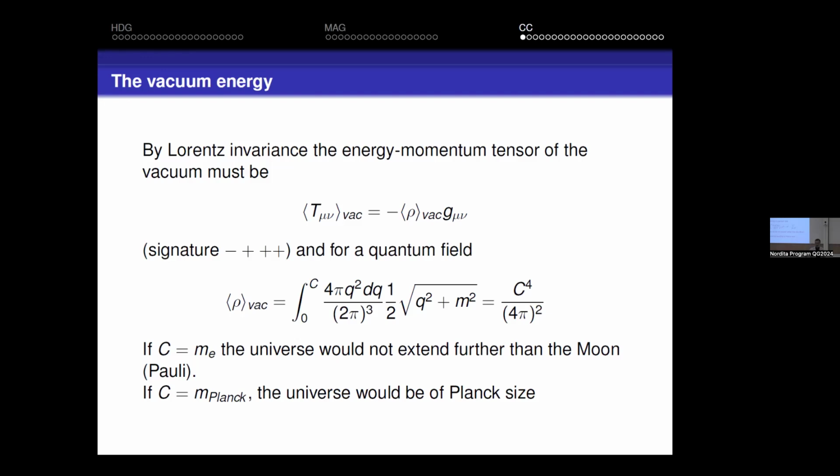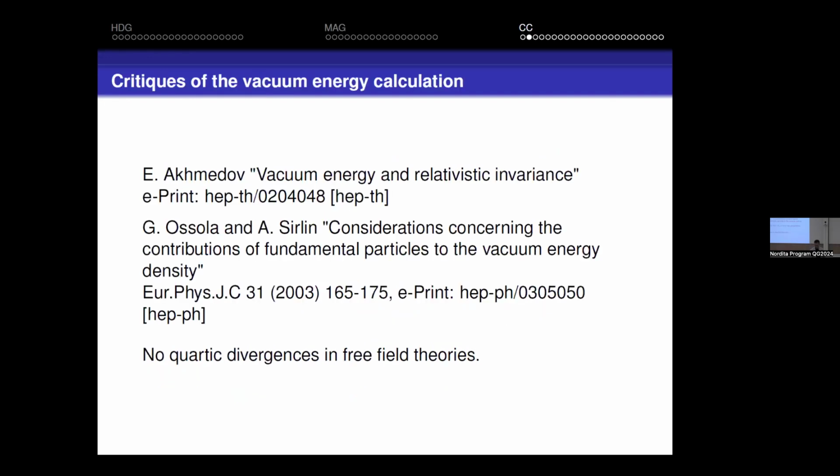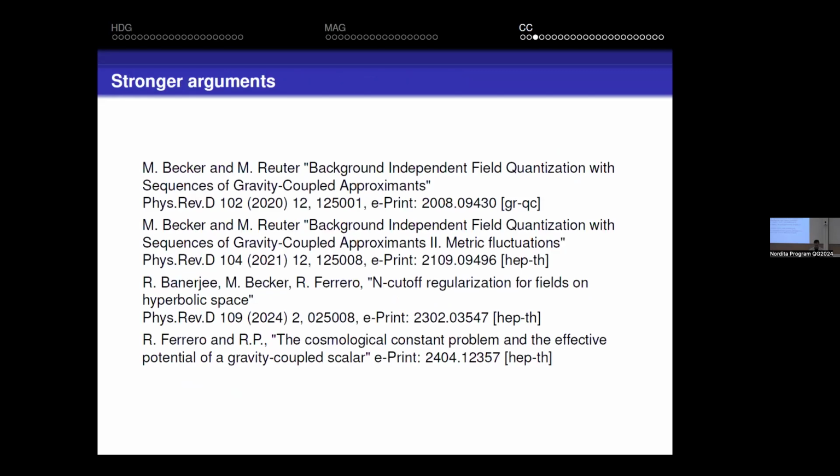And the higher the cutoff, the stronger the curvature. This type of calculation had already been criticized in the past by several authors, but then you just reduce the quartic divergence to a quadratic one. That's already many orders of magnitude, but it still remains a very strong problem.